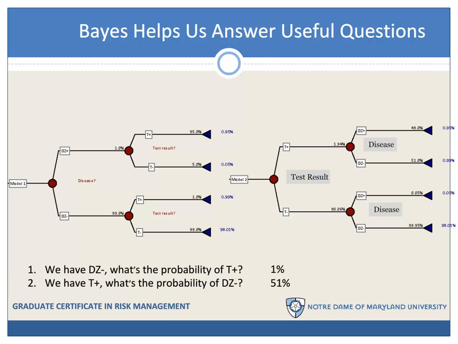In this slide, I present you with two different event trees that enable you to see how the probabilities can be flipped. The first event tree on the left begins with disease and proceeds to the test result. The second event tree on the right begins with the test result and proceeds to the disease.